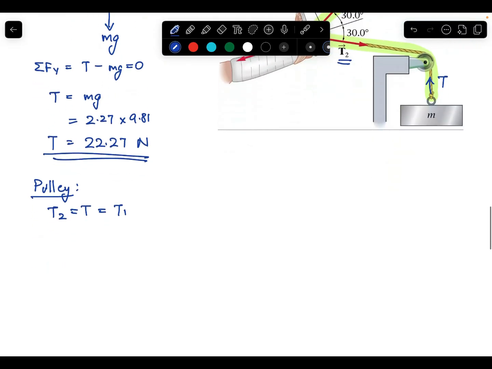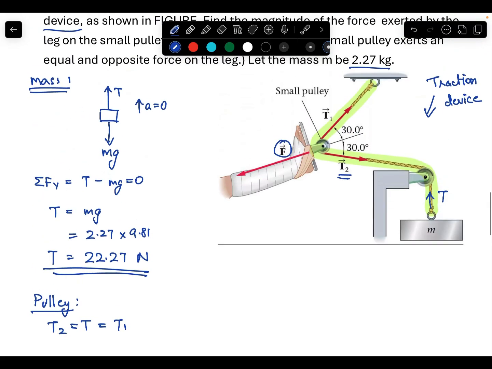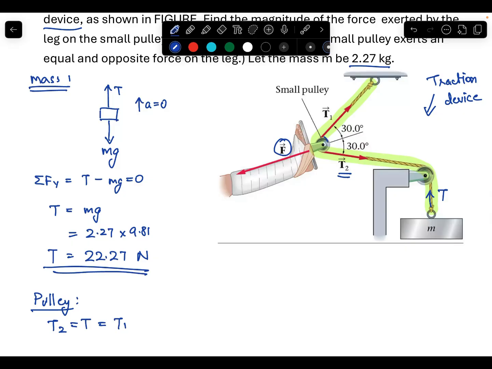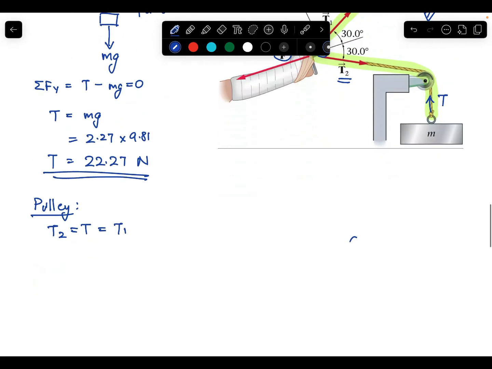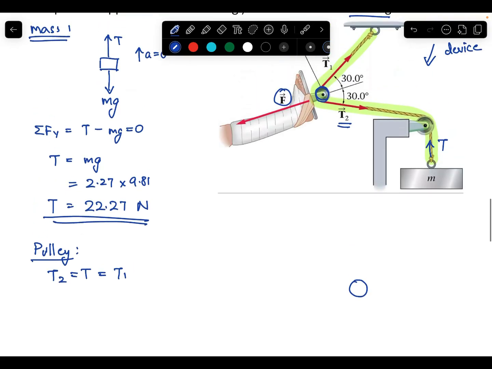All right. So let's look at the pulley again now. Because I'm drawing the free body diagram for the pulley, because the pulley can move in x and y directions, I will just draw all the forces. The force F towards the leg.